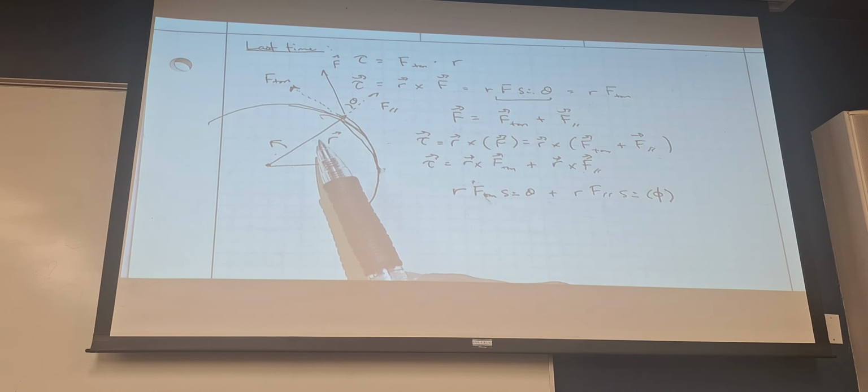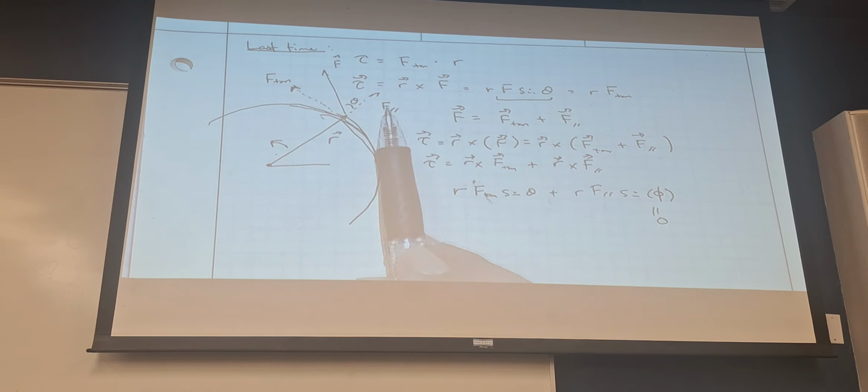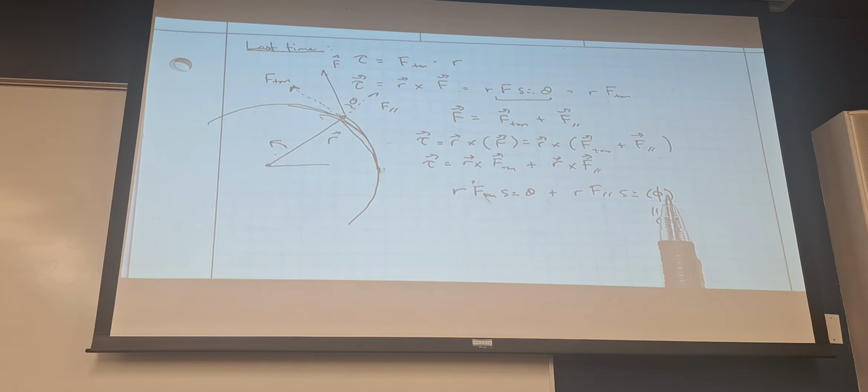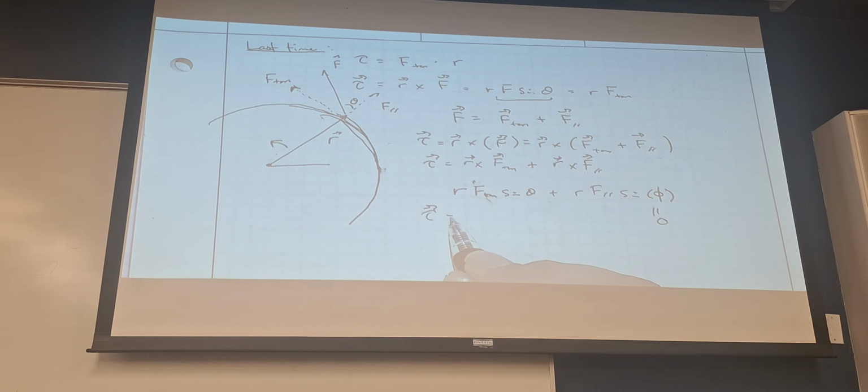Since F parallel and r are pointed in the same direction, phi is just equal to 0, right? So they're pointing in the same direction, so the angle between them is 0. So you're just left with r F tan sine theta.